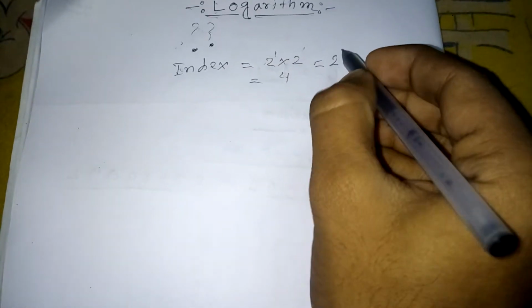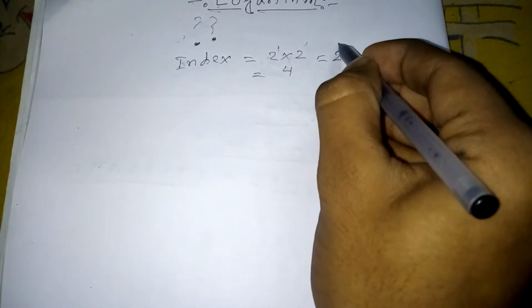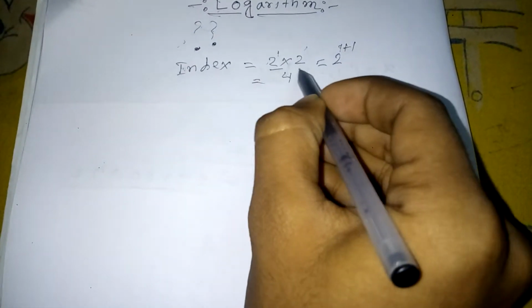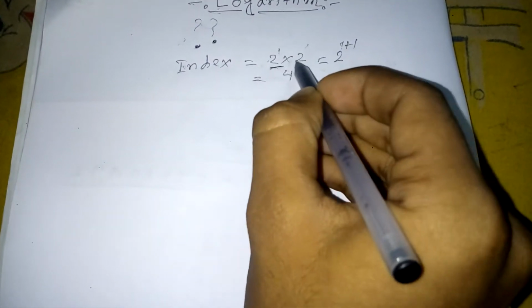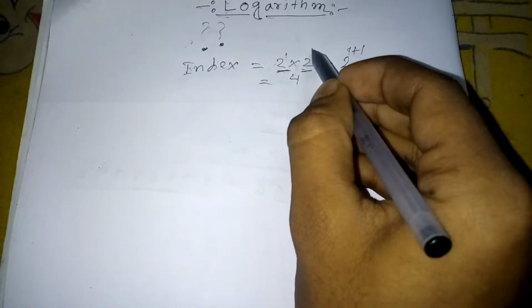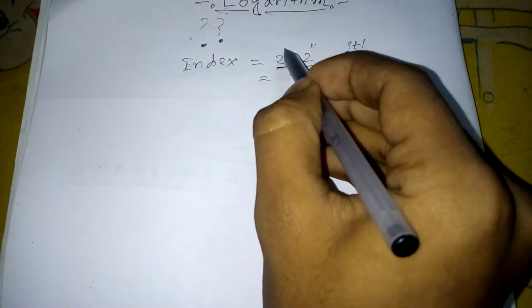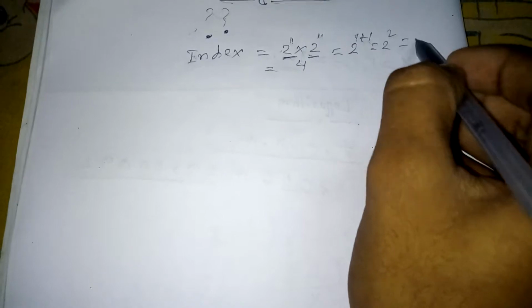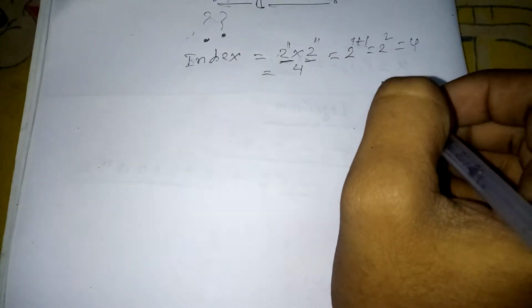The index rule says us that if there are two similar numbers, then in the multiplication of the same two numbers, their powers will be added. So here is 1 and here is 1, the power will be 2, so 2 to the power 2, which will be equal to 4.